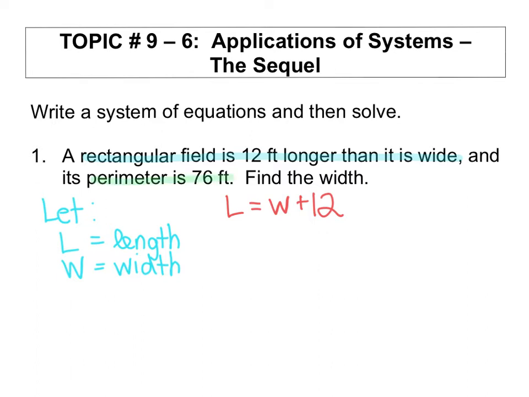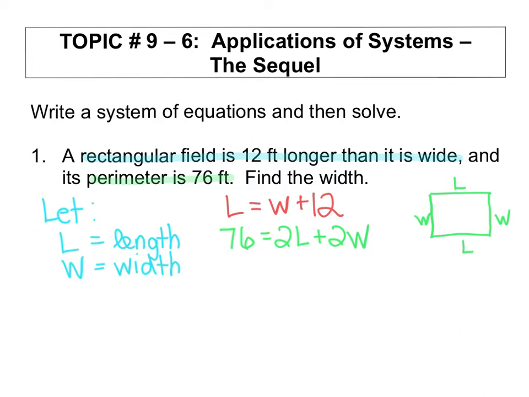We worked some of these problems earlier in the year, and we remember that perimeter is 2L plus 2W because we've got a rectangle. So we are going to add both lengths and both widths. We know that's our perimeter equation, but we also know that the perimeter is 76, so we are going to plug that in for the P.